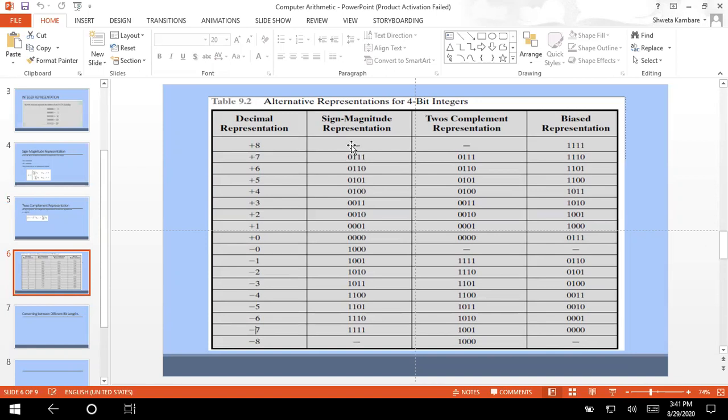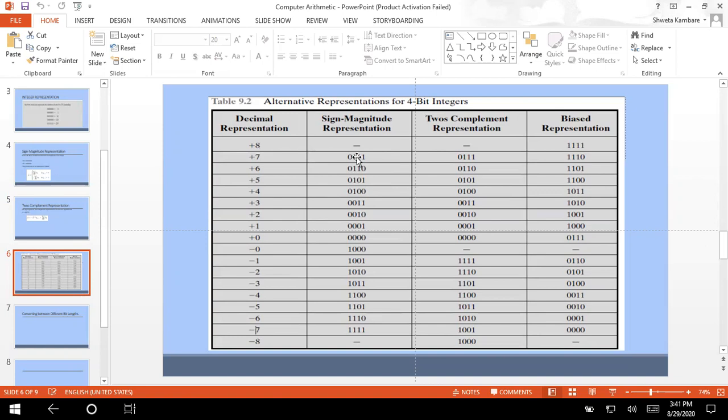In sign magnitude representation, the most significant bit will be your sign bit. So you cannot represent 8 here. If you are using 4 bits, you can only represent minus 7 to plus 7.